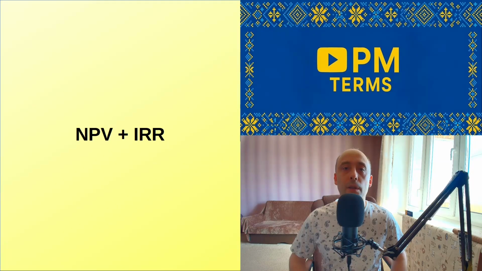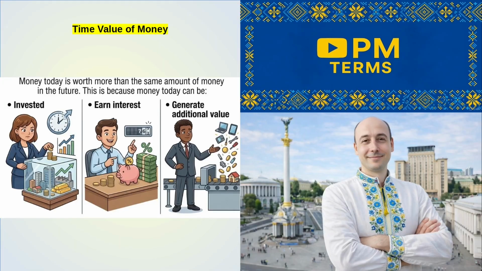Today we are diving into net present value and internal rate of return, explaining their differences and showing how to apply them with examples. Before we talk about NPV and IRR, we need to understand one fundamental principle: time value of money. Money today is worth more than the same amount of money in the future.